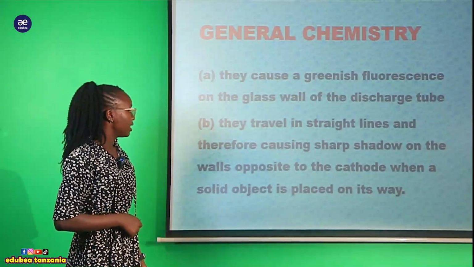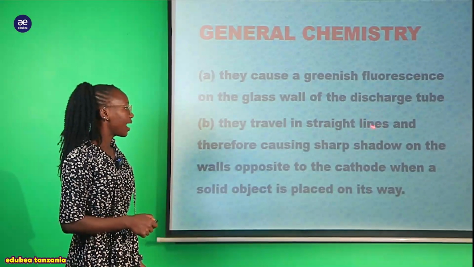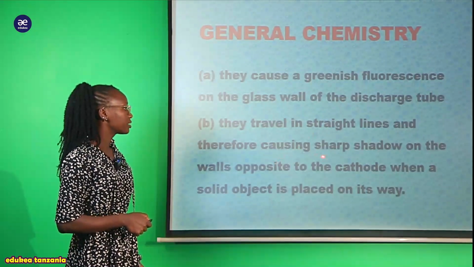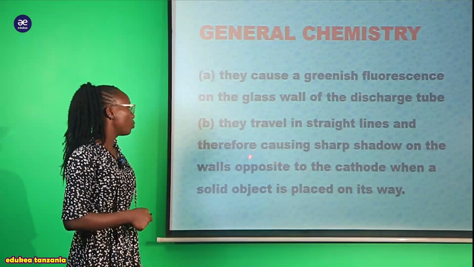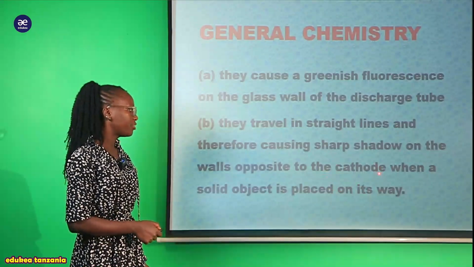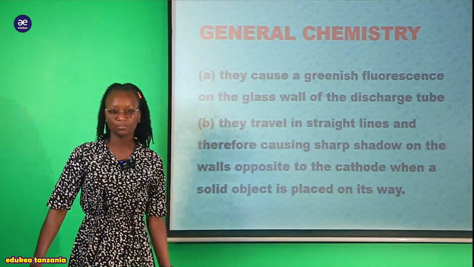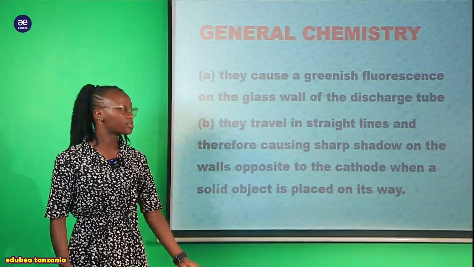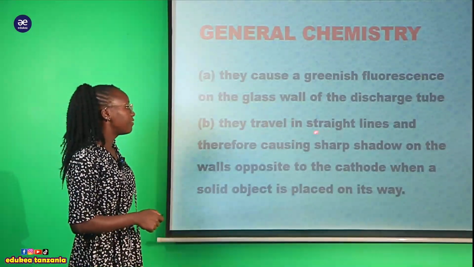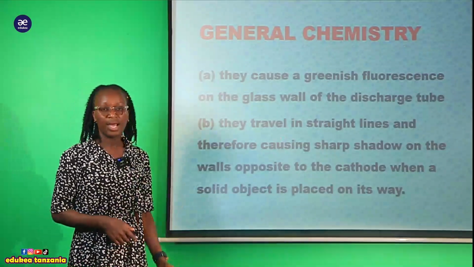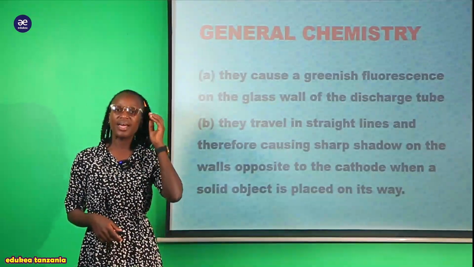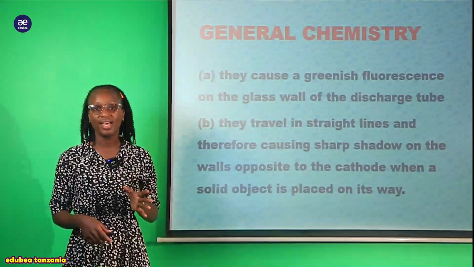But another one is they travel in straight lines and therefore cause a sharp shadow on the wall opposite to the cathode when a solid object is placed in their way. What does it mean? As you see here, they travel in a straight line. Na katika ile experiment utaona kwamba zile rays zilionekana zilikuwa zinafanyaje?